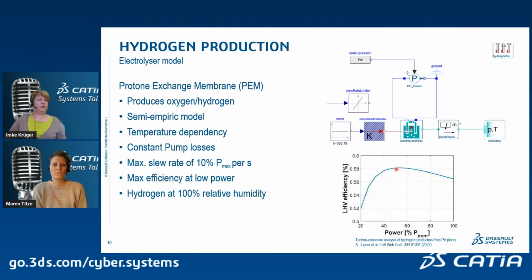We are considering pump losses, because for an electrolyzer, you need to pump water to the electrodes. And what is quite important is that we cannot exceed a maximum slew rate, so we cannot ramp up the power too fast, because this is not possible, or it's damaging the electrolyzers.